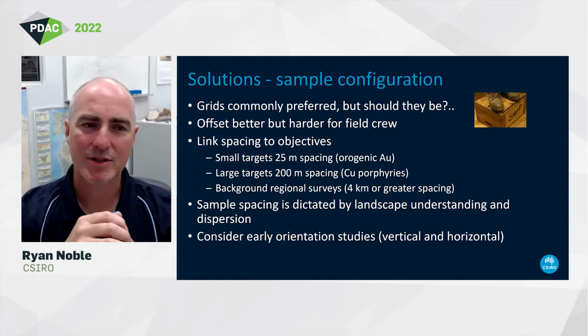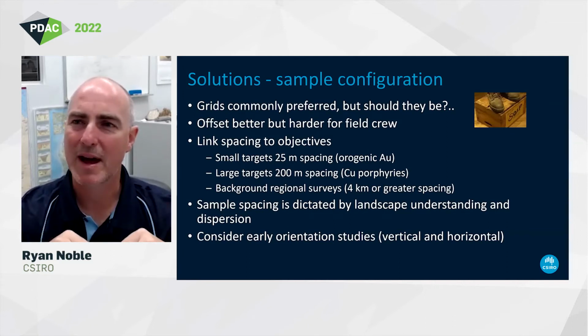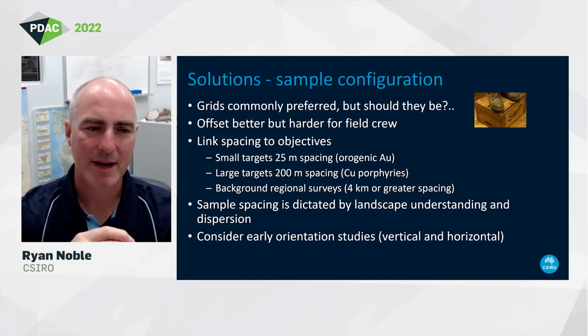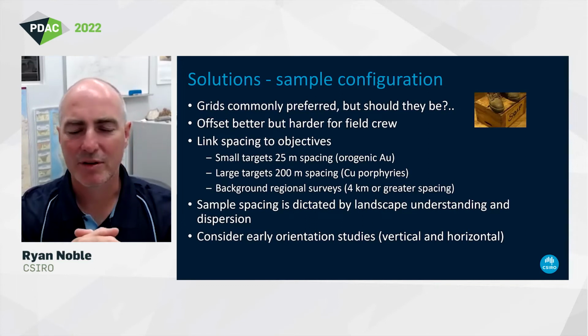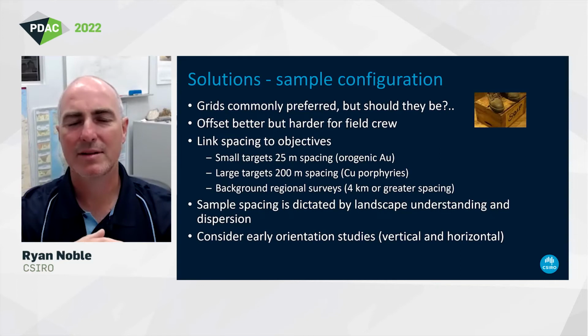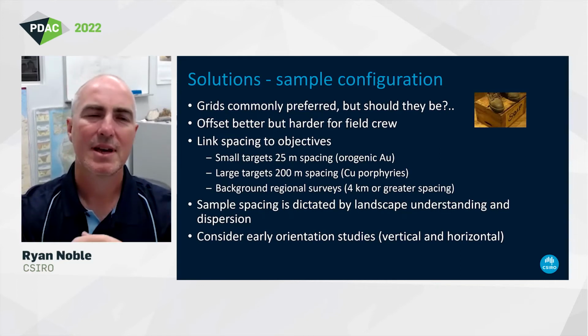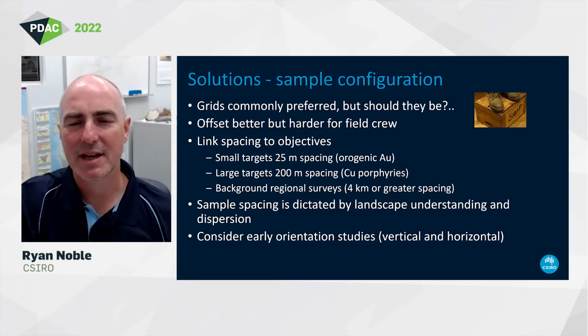So you can minimize your sample numbers, which I'll touch on again, if you understand your landscapes, particularly if you're trying to understand a background approach. And so, that consideration of early orientation studies comes up again, where if you're doing the background understanding and research before you get to the field, and as you're going through this process of devising your survey, you're going to be in better shape to get better results.